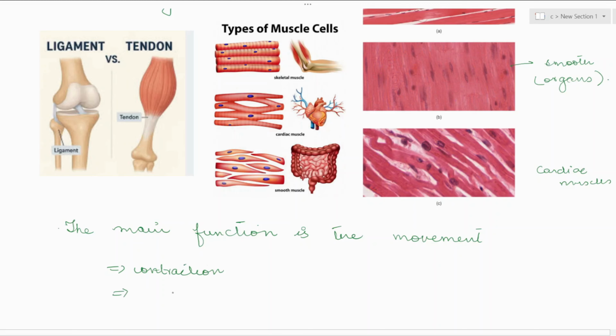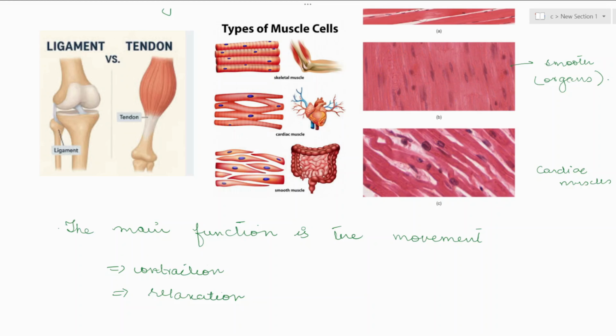Okay, if you look at the skeletal muscles, there you can feel there are certain fibers, like there is striation. There are fibers present. These fibers, the blue ones are the nucleus.